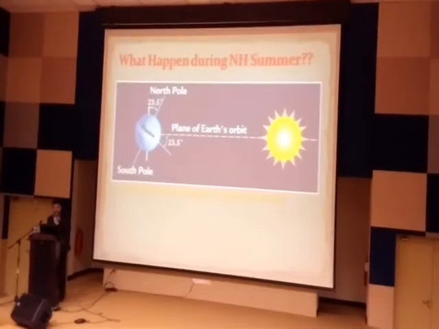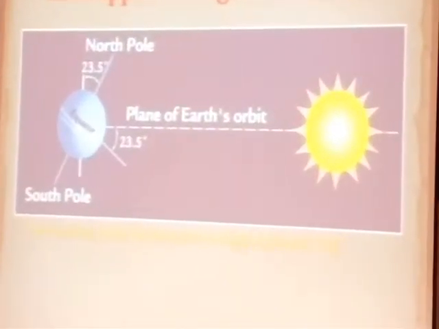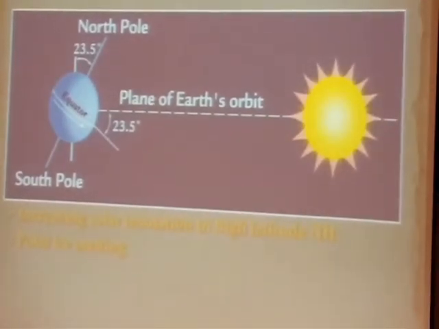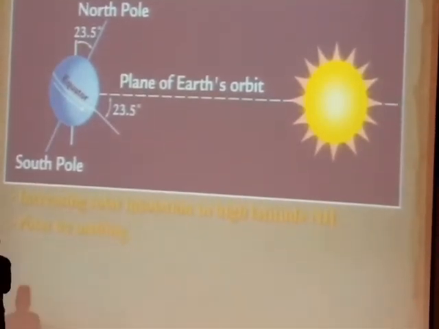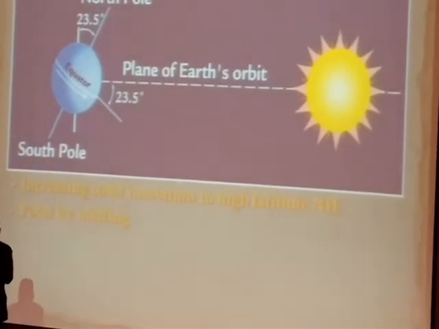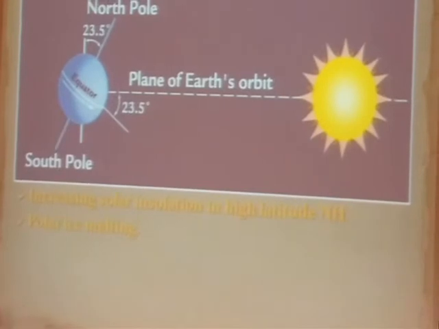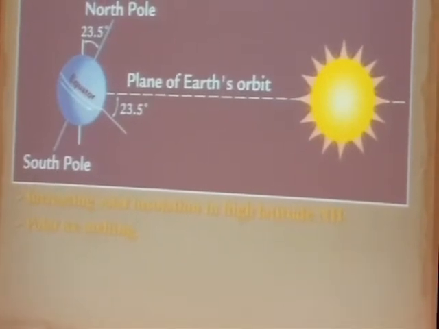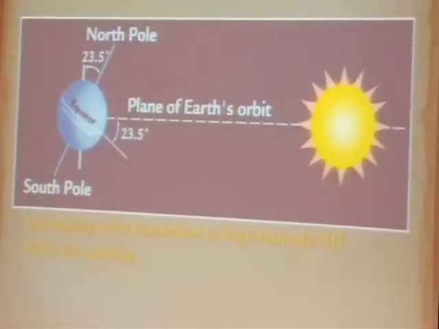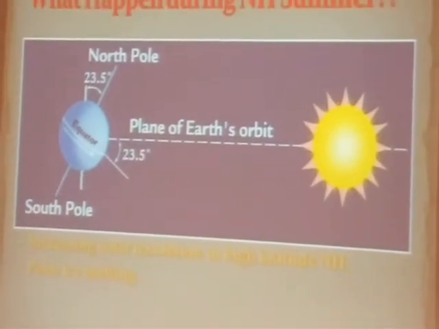Increase of solar insolation in the northern hemisphere, polar ice melting, of course. Now we're talking about the Arctic ice melting. Yes, if we compare back to 20 or 30 years ago, the ice in the Arctic is shrinking.